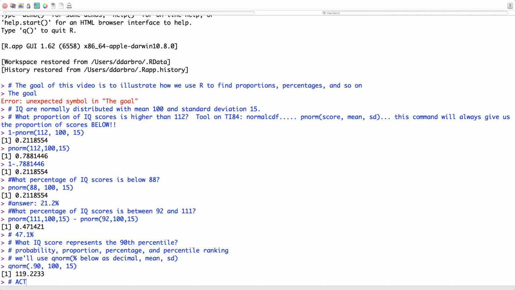Another problem. ACT scores are normally distributed with a mean of 20.4 and standard deviation 4.8.